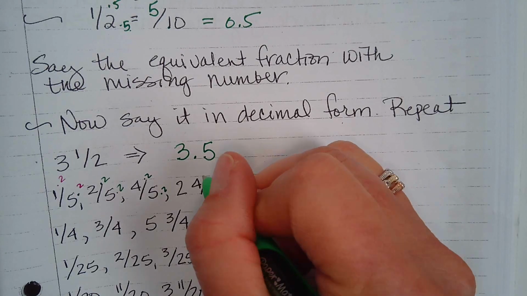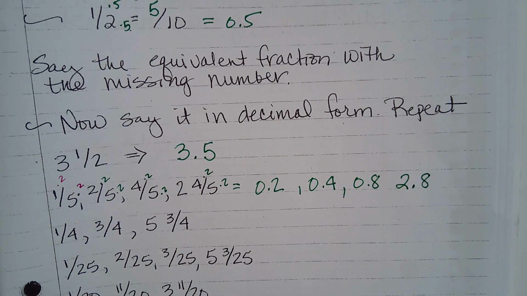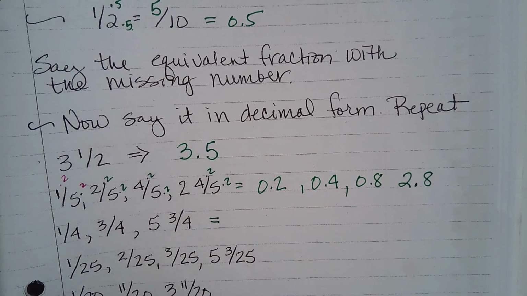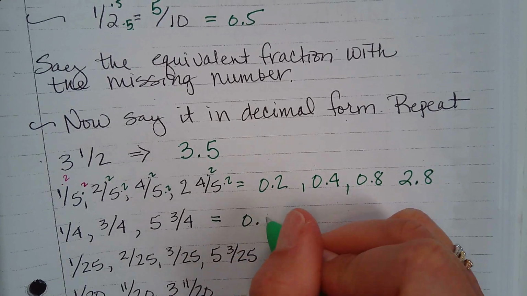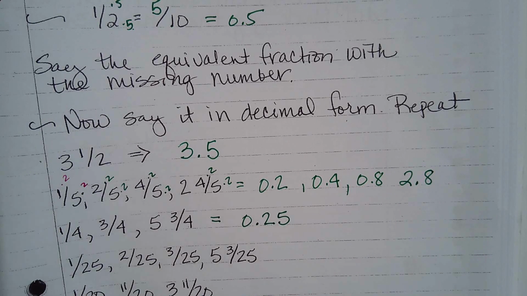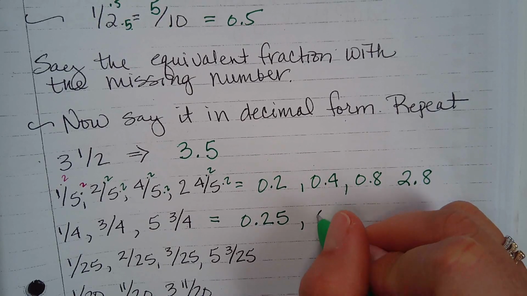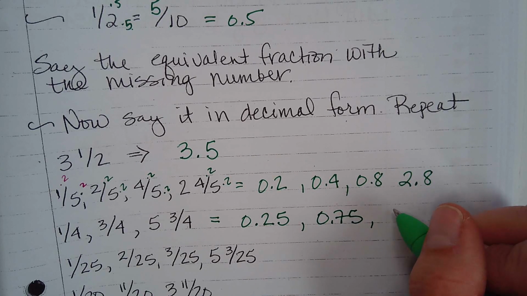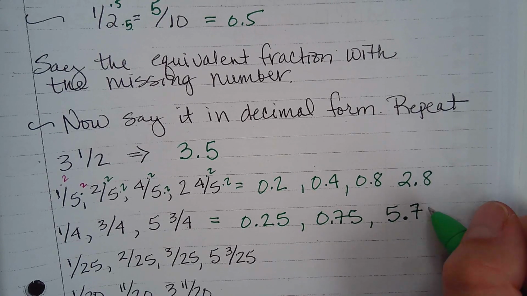And if you did it here, you'd be 2.8, 2 8/10. Now, a quarter, what does that look like as a decimal? Well, you should know that it's 0.25, because a quarter of a dollar is 25 cents. Then 3/4 is 0.75. So 5 3/4 is really 5.75.